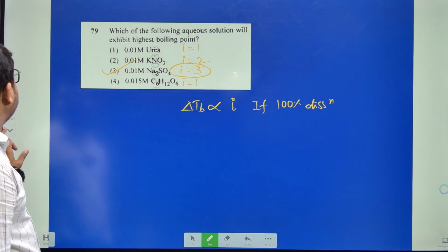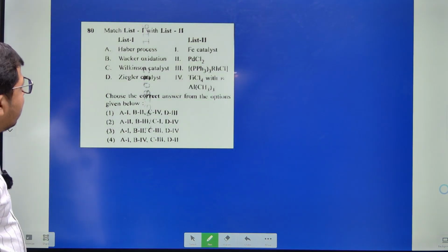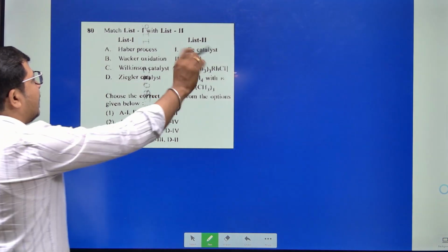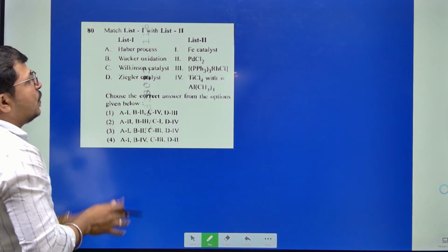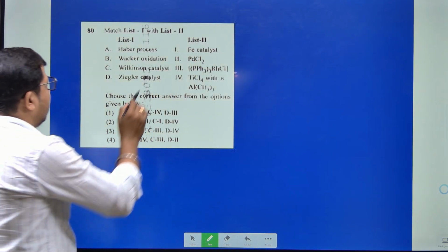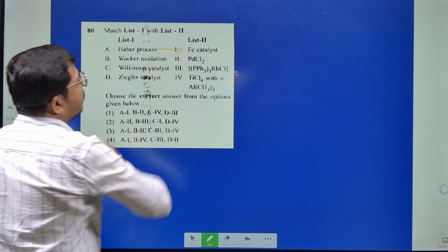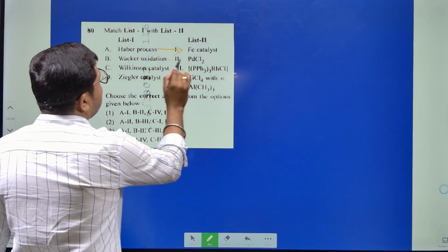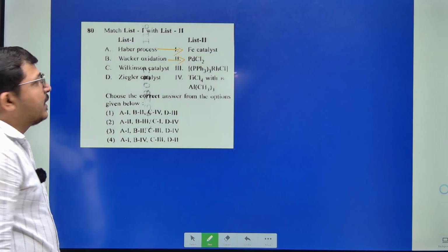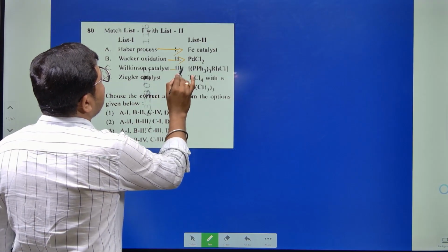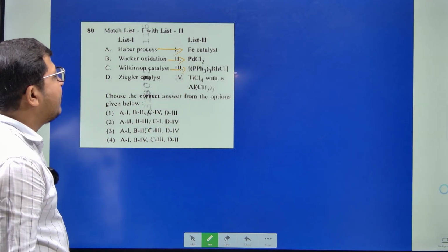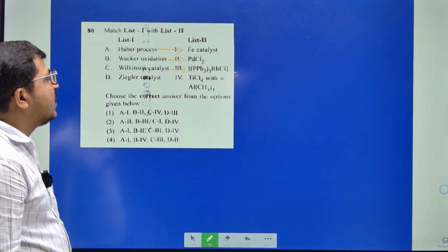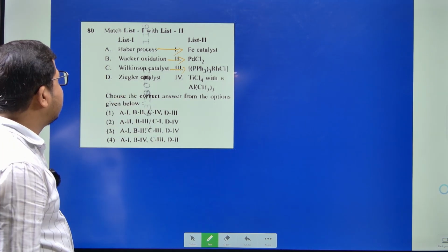Let's move to question number 80. Again, match the following. Simple, everything is matched here, there is no shuffling. In the Haber process, iron is used as a catalyst. In the Baker's process, palladium chloride is the catalyst. Wilkinson catalyst is tris(triphenylphosphine)rhodium chloride.